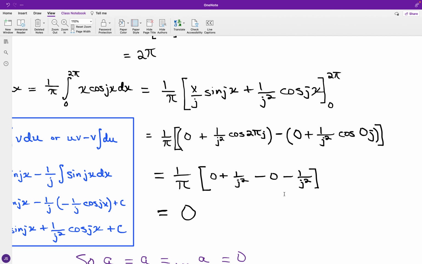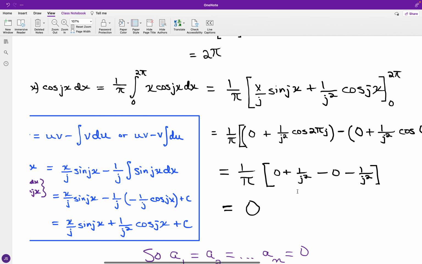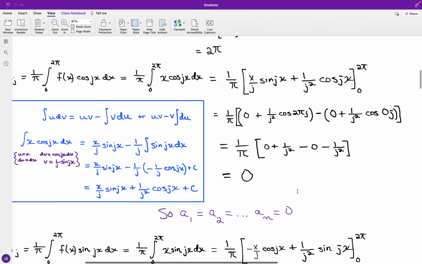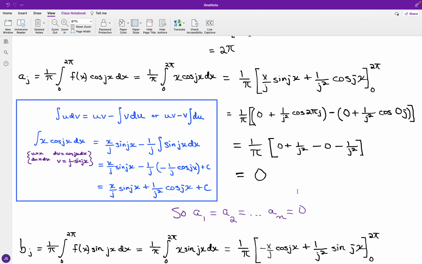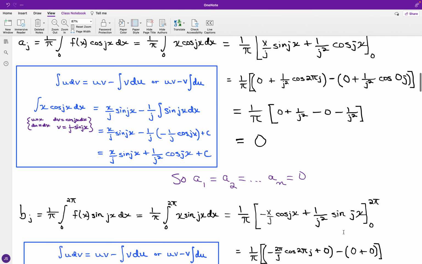So you're going to have the 1 over j squared terms cancel. So it's going to turn out that a sub j is equal to 0. And so for any natural number subscripted value, for the coefficients, we have a sub 1 equal to a sub 2, all the way out to a sub n, equal to 0.